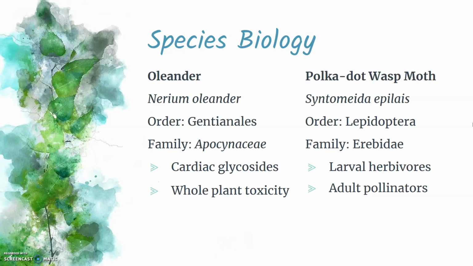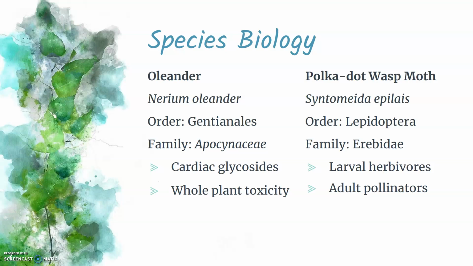Oleander, or Nerium oleander, is from the order Gentianales and the family Apocynaceae. If these sound familiar to you, it's because they are the same order and family as milkweed plants from our monarch butterfly lesson, and they produce the same kind of defenses, cardiac glycosides.